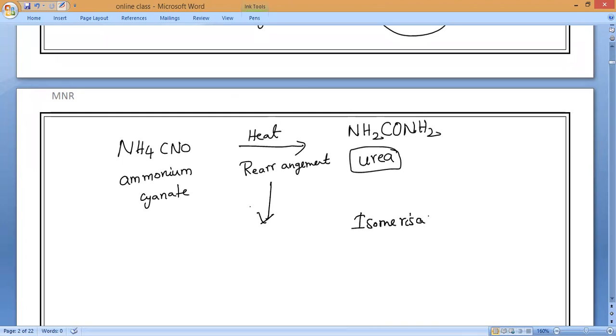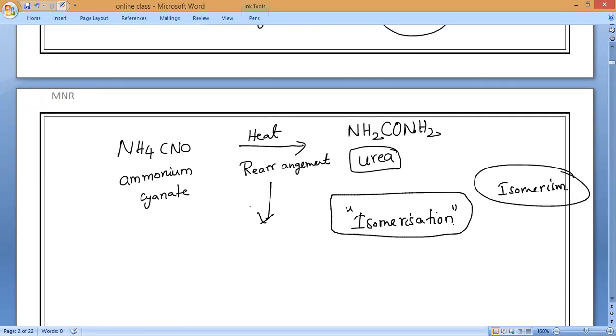Friedrich Wöhler called this reaction isomerization, because it has the same chemical formula but rearranged atom positions, giving entirely different properties and structure. So that property is called isomer. That reaction is called isomerization.